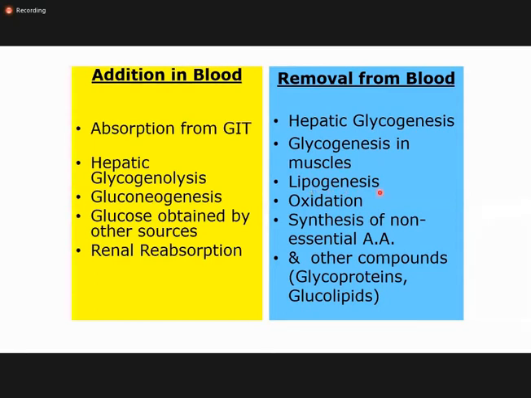Lipogenesis, that is formation of lipids. Then oxidation of carbohydrates, that is glycolysis and the TCA cycle. Then synthesis of non-essential amino acids can also remove glucose from blood, and synthesis of other compounds like glycoproteins and glycolipids. So these are factors that remove the glucose from the blood. So we have two sets of factors which maintain the blood glucose concentration.